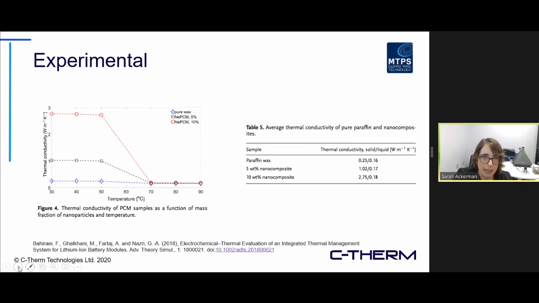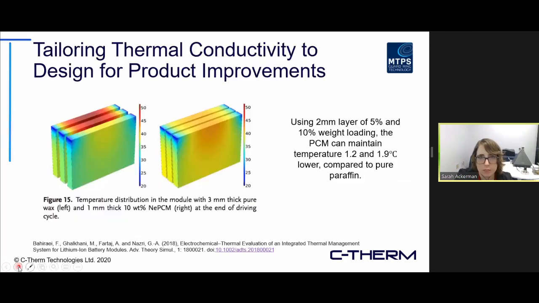So it's not as bad if the material doesn't have as high of an effective thermal conductivity in the liquid phase, because convection can act as a heat transfer mechanism there. And they use this data in thermal simulations, as you see here. You can see how thermal conductivity data is used to optimize the design and prove out a concept as having enhanced performance, even without having to physically prototype it in this case.